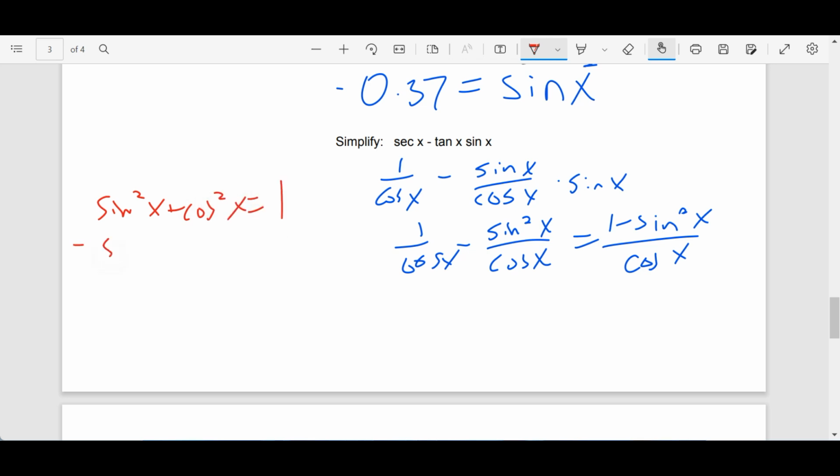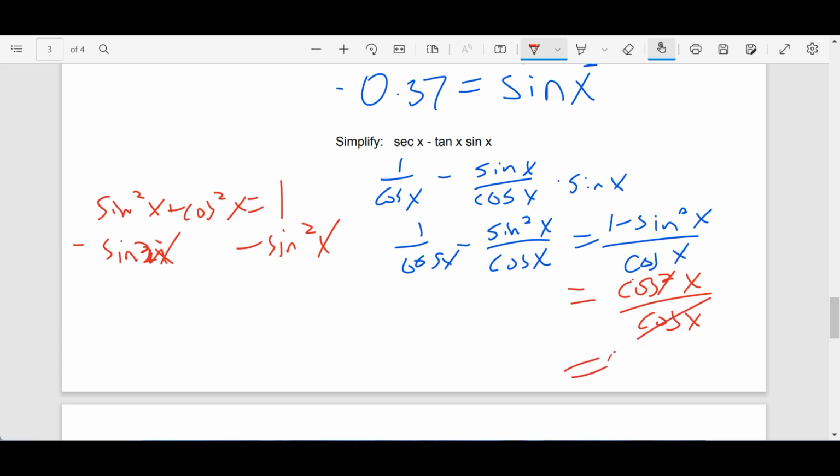If I move the sine squared x, you know that cosine squared x is equal to 1 minus sine squared x. So I can make 1 minus sine squared x equal to cosine squared x. Cancel out one of the cosines, and your answer is cosine x. That's the simplified version of that trig expression. The more we do these, the better you'll get at them. It's just going to take a little bit of practice.